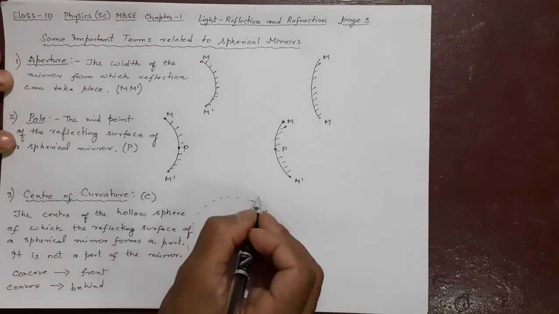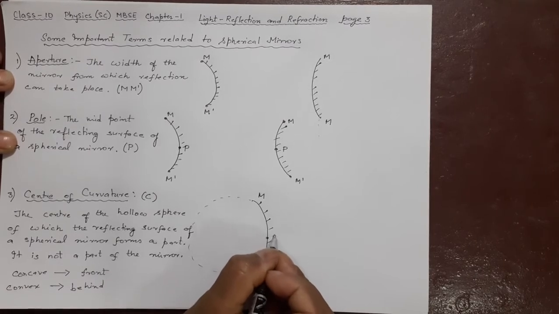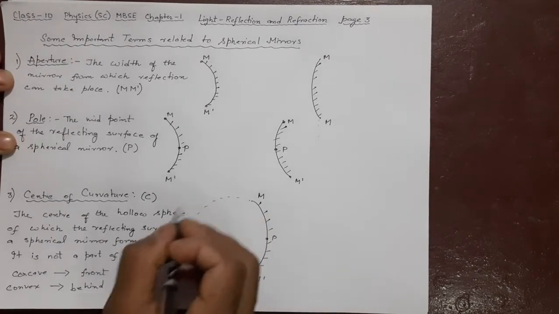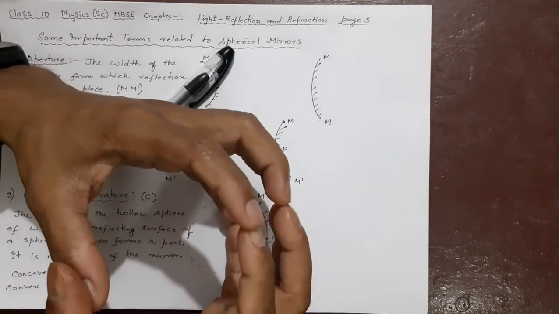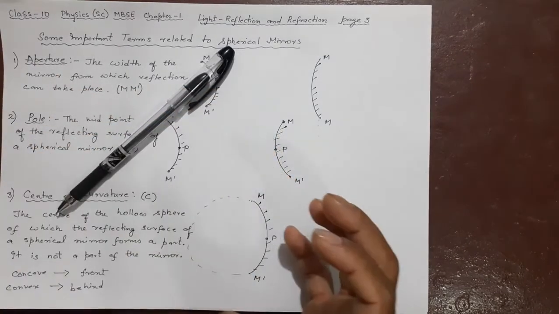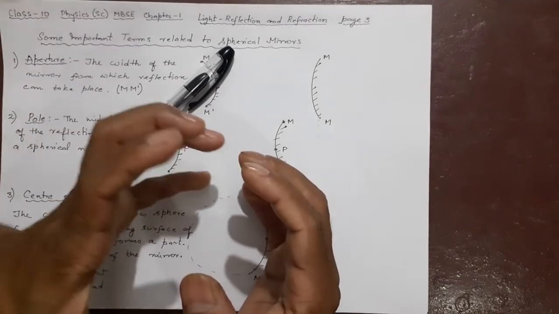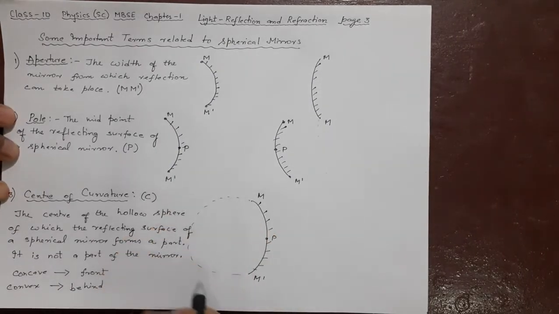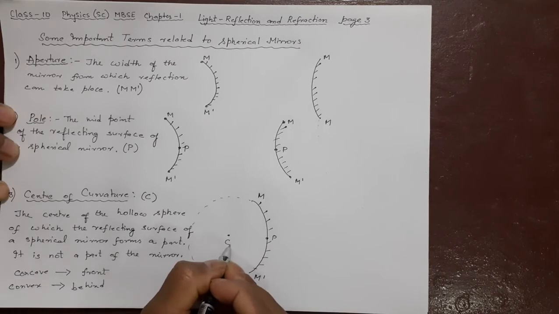If you have a mirror, suppose the mirror is M M dash as usual, and the pole is P here, and this is a part of a big ball, a sphere, which means a ball like a football, hollow with nothing inside, and then you cut a piece like this, right? This part is the mirror. If you connect the whole part again, that will be your sphere, just like a ball, and its center will be called the center of curvature.